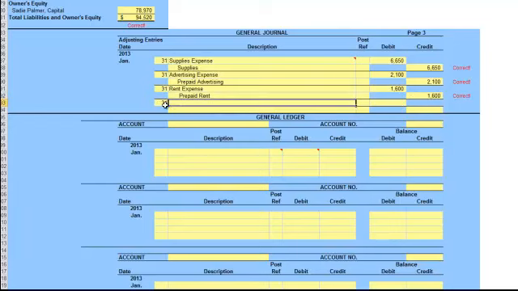And our last adjustment was a debit to depreciation expense for $180 and a credit to accumulated depreciation on the equipment for $180.